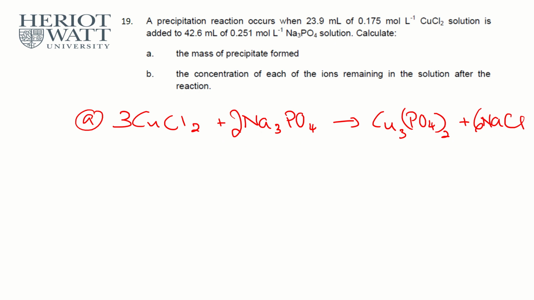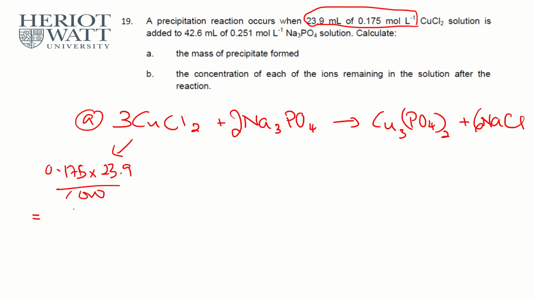Next, calculate the mole for each and identify the limiting reagent. So one by one. What is the mole of copper chloride here? Based on the information given, this is the one. MV over 1000, 0.175 multiplied with 23.9 over 1000.